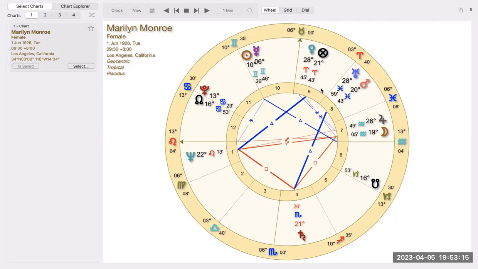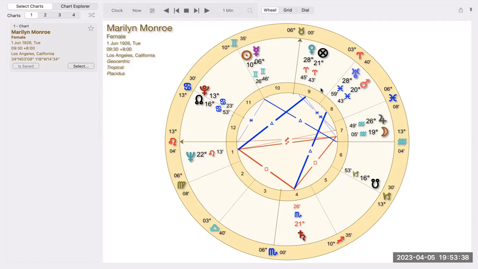Jupiter's a lot. It's not excessive, it's large, basically. Abundance. So that might be signifying the many husbands, but it's not just husbands, it's all partnerships, and she may have benefited from some of them.